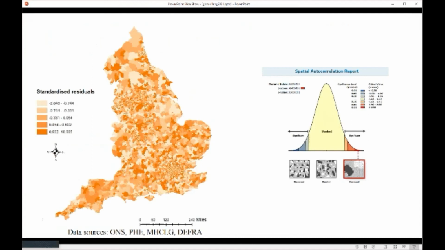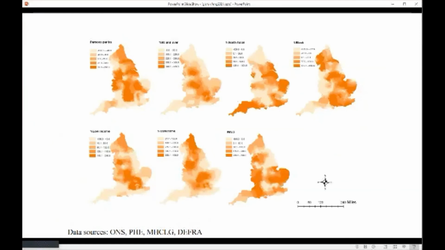And we draw the standardized residual from the GWR. It shows still clustering of the residual. So we assume there is some unexplained spatial autocorrelation here. So here it shows the local coefficients.